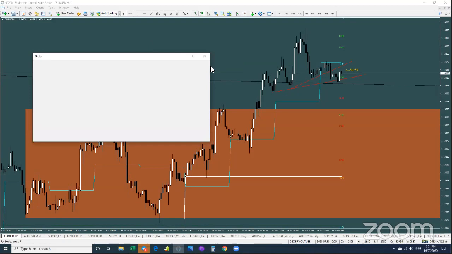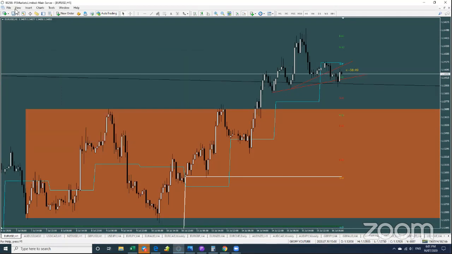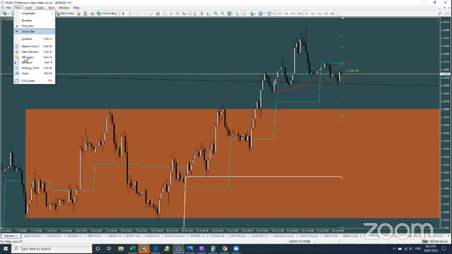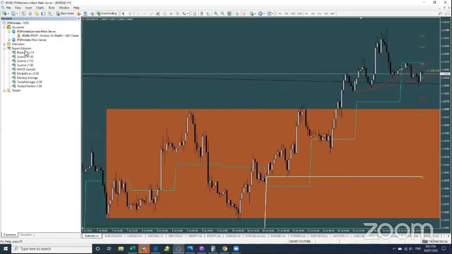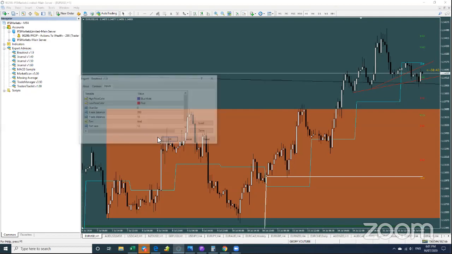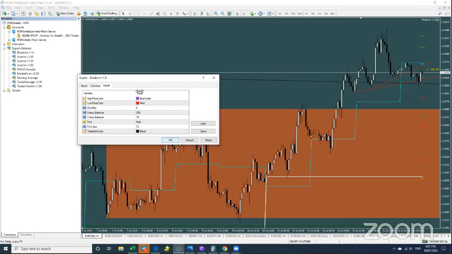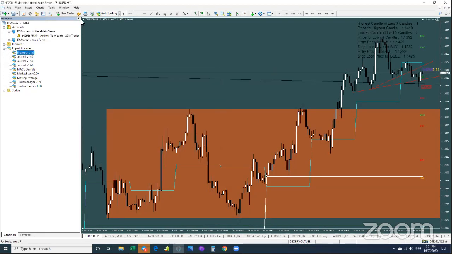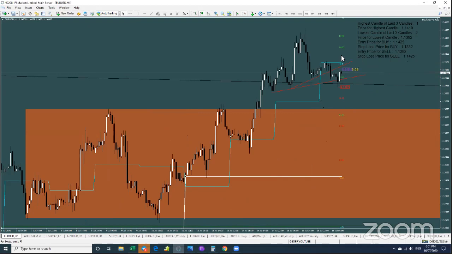So euro dollar. Actually, I haven't got the EA here, have I? Oh, I've got the old one, I think. Still do the job. Okay, so the high, we're going above the daily pivot anyway.